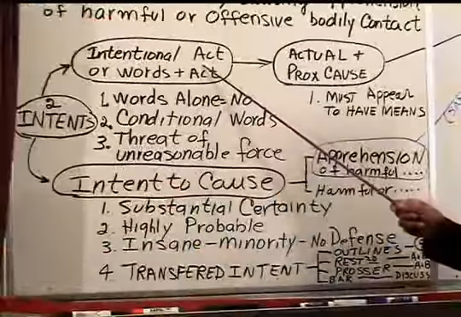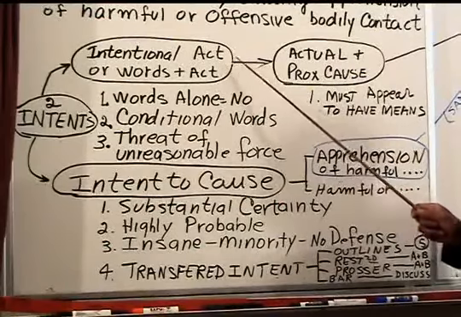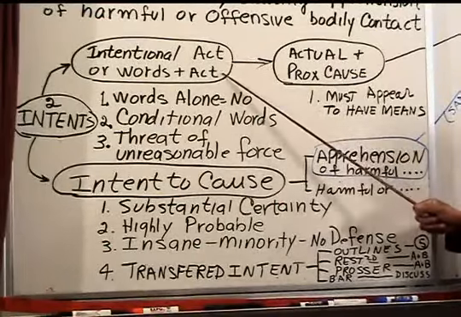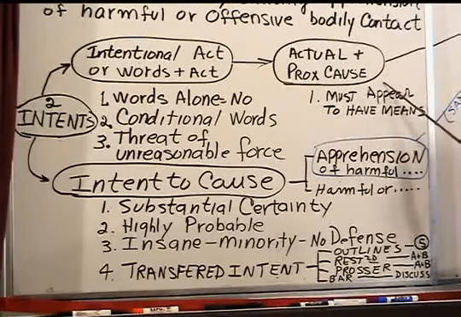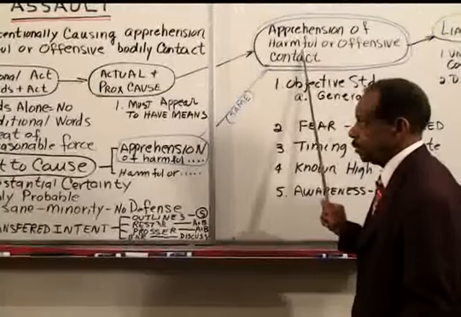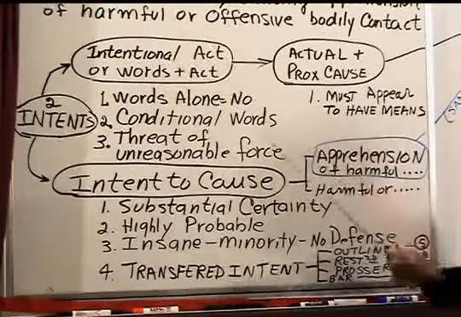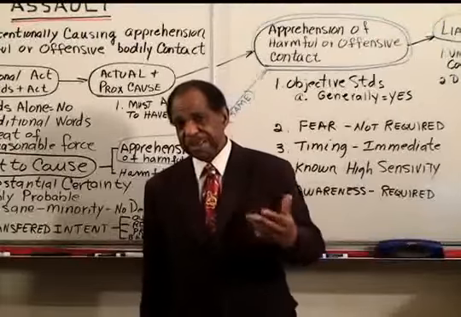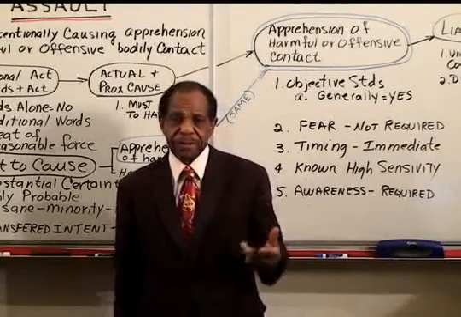First, the person must intend an act, and that act which they intended must be the actual and proximate cause of the apprehension. By intending the act, what I mean is, blinking an eye is a reflex action that's not treated as an intentional act.